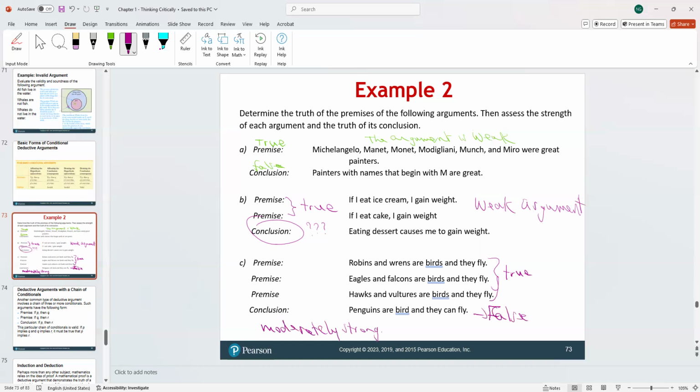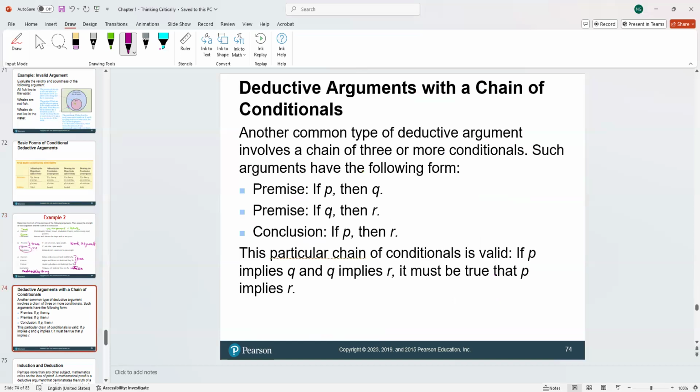So I just went over these very specific examples, but we have so many others, like talking about the Venn diagram. As I said, we can see how many we can use in terms of deductive arguments with a chain of conditionals.